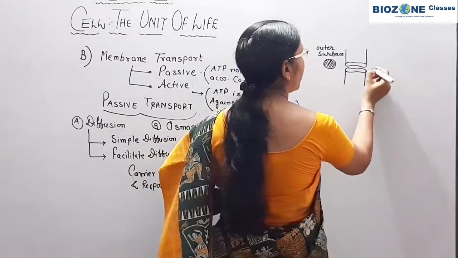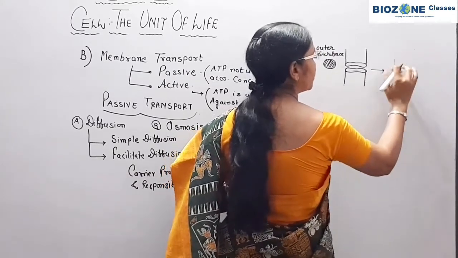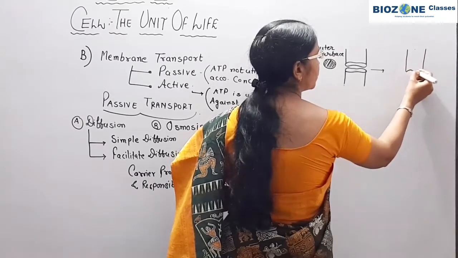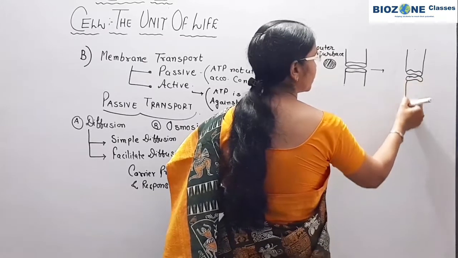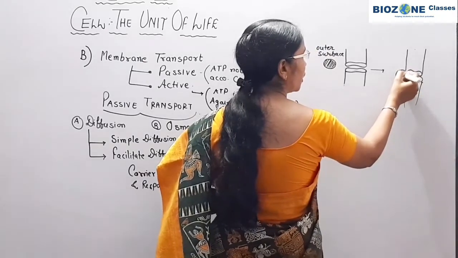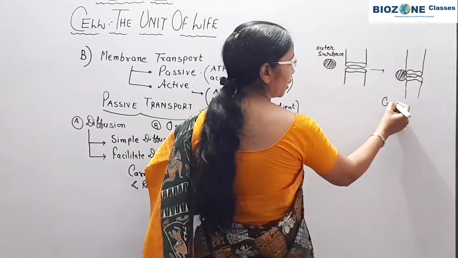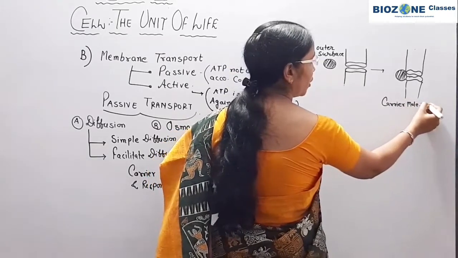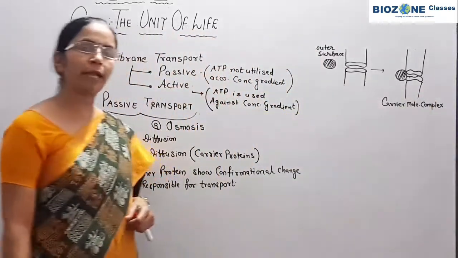Now in the next process, the molecule is attached to the carrier protein, and this results in the formation of a carrier ion complex or carrier molecule complex. If an ion is there, the carrier ion complex is formed.